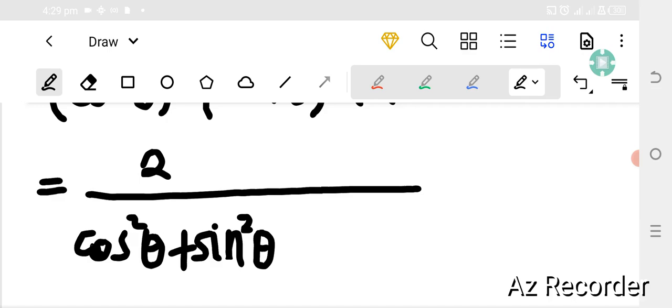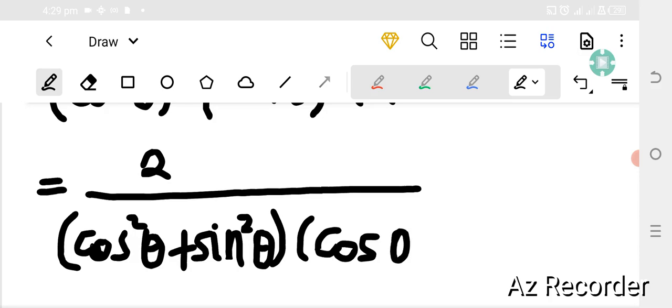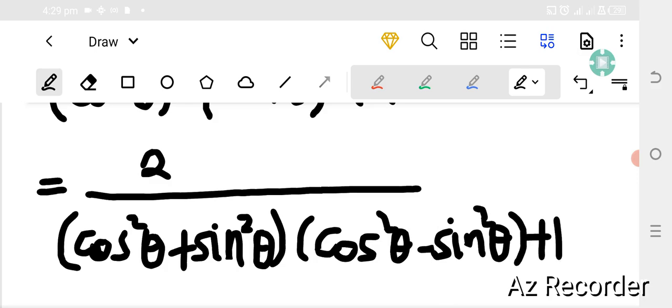That's the rule for difference of 2 squares. And then you say cos theta squared minus sin theta squared. Then you say plus 1.